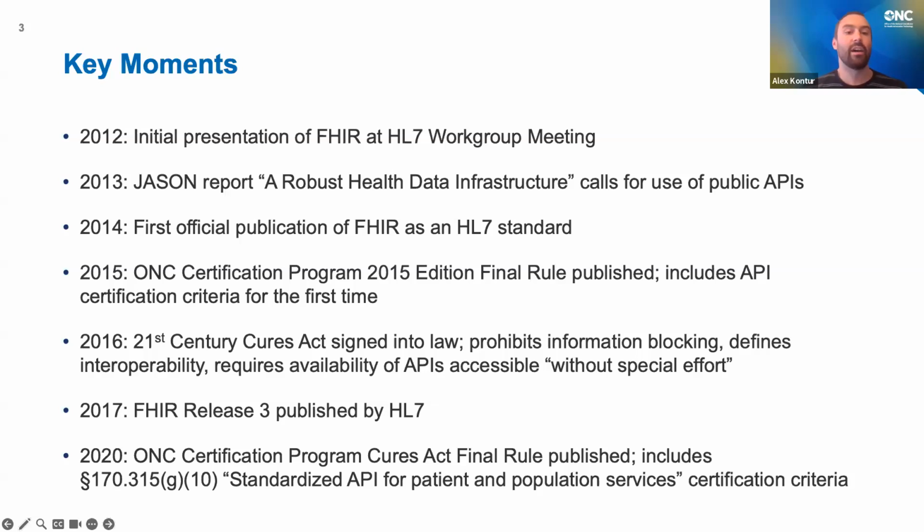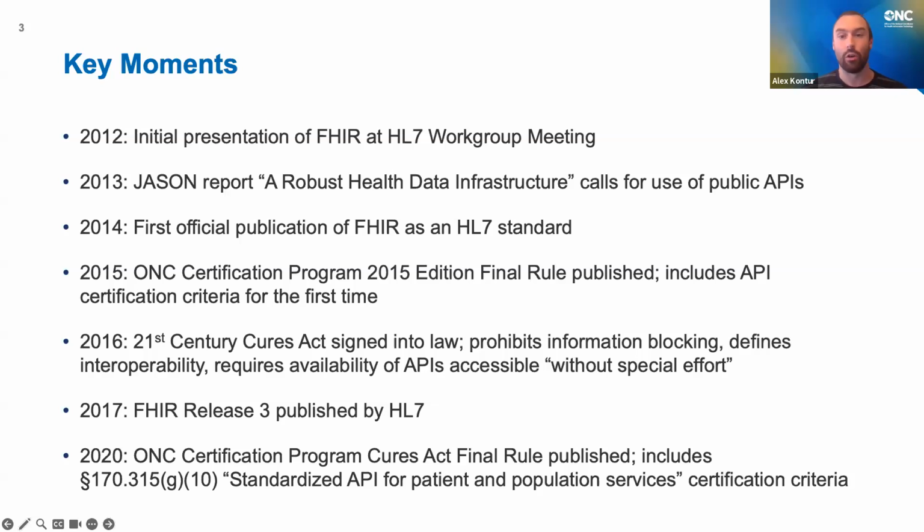Then in 2017, FHIR Release 3 was first published by HL7. That's important because it was the first time the standard was published in what was at that time called a standard for trial use form, which meant that it was a little bit more ready for people to start working on and developing and picking up to actually go and implement than it had been before.